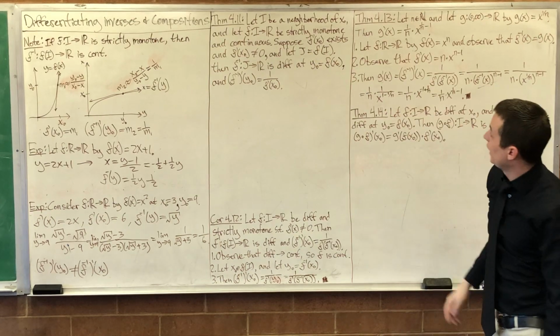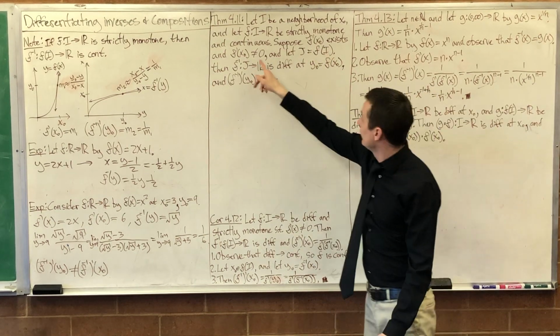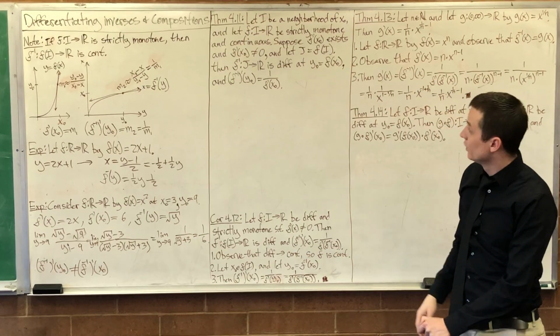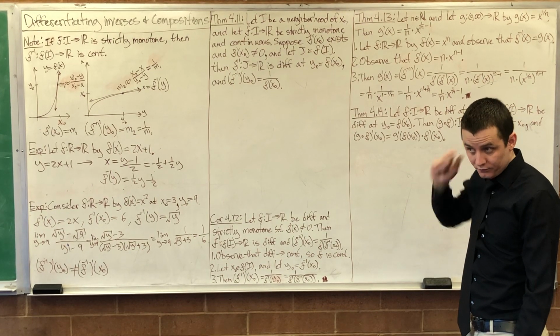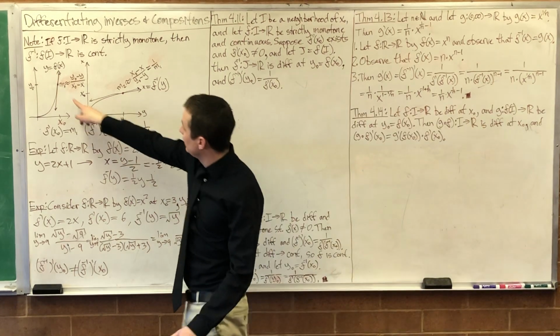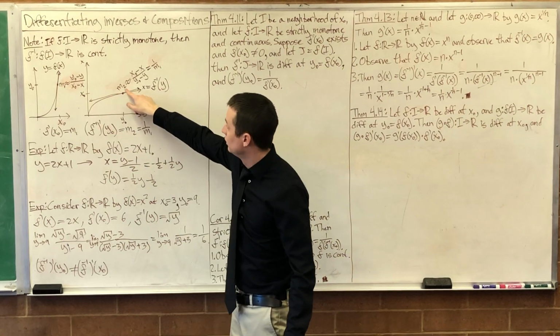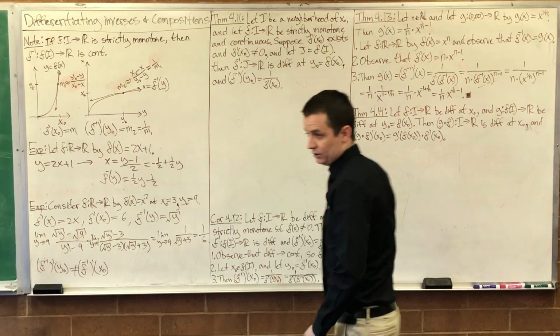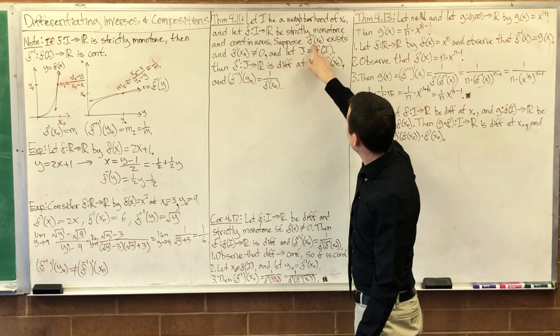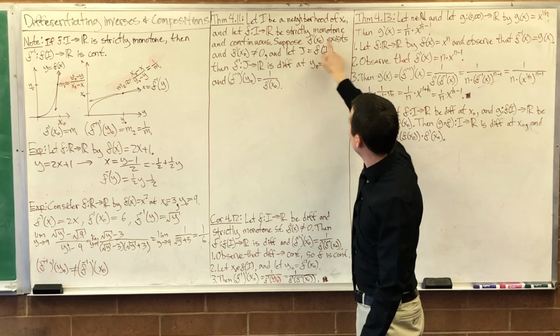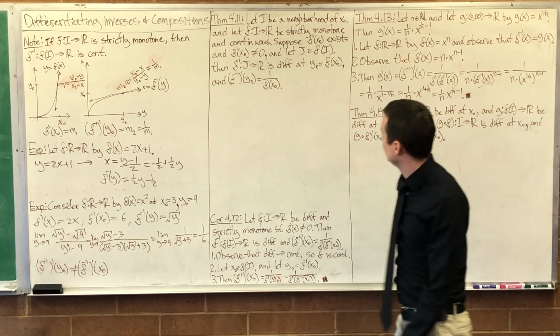Suppose f prime of x naught exists, and that it's not equal to 0. Why don't we want the derivative to be 0? Notice, if m1 is equal to 0, then what's m2? Undefined. So that's why we're making that known. So suppose f prime of x naught, the derivative at x naught, exists, and it's not equal to 0.